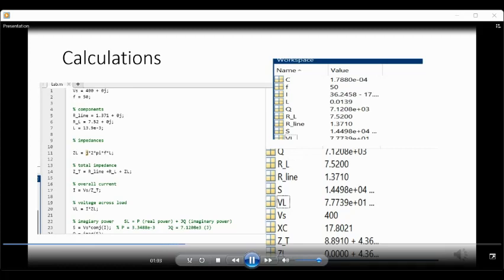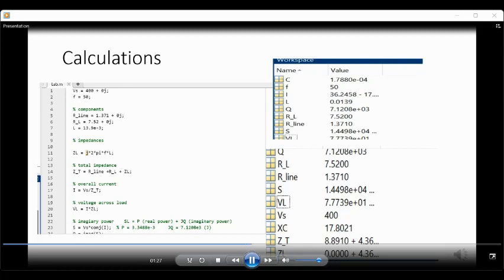We used the impedance formula: 2 multiplied by pi multiplied by f multiplied by L. The total impedance formula was the value of R line plus RL plus ZL.